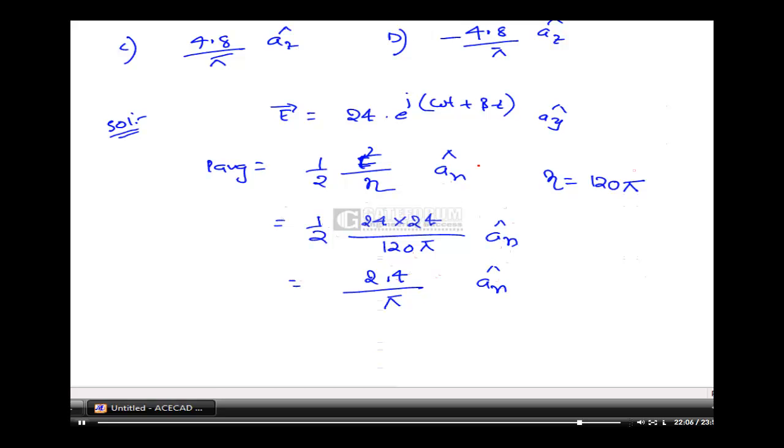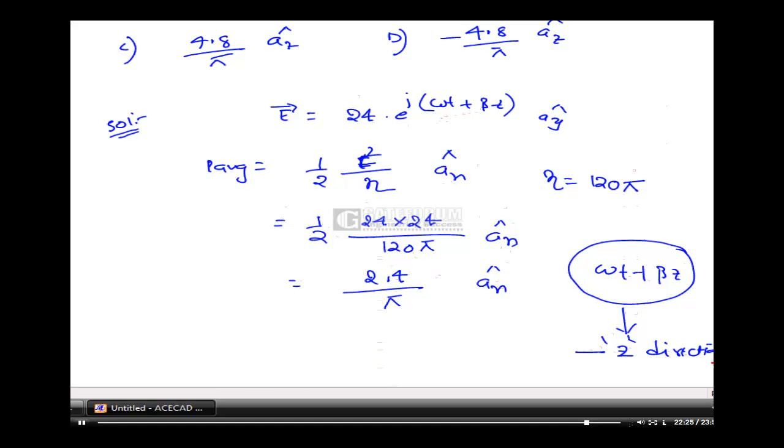What is An cap? An cap is nothing but the propagation direction. So here the wave is given in omega t plus beta z form. Omega t plus beta z means the wave is propagating in minus z direction.